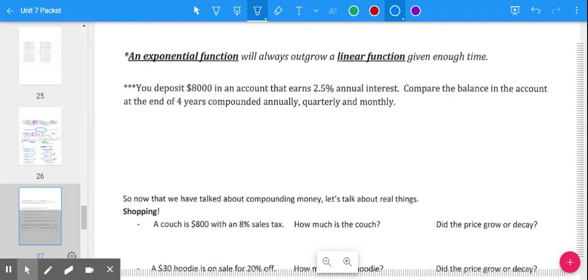So on the back of the paper, it says an exponential function will always outgrow a linear function given enough time. So now we're looking at $8,000 in an account. So that's our principal. And it earns, so we're adding, 2% annual interest.